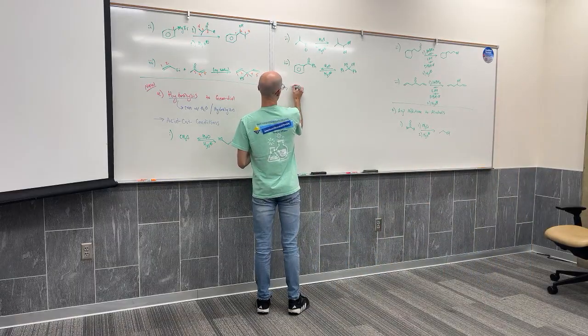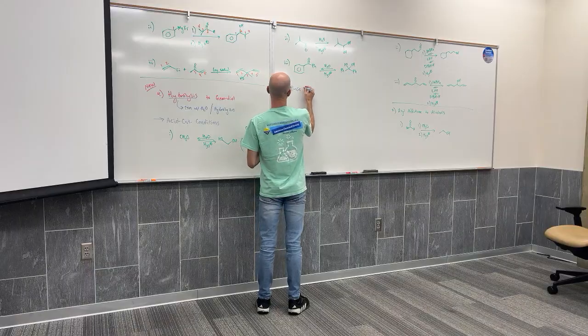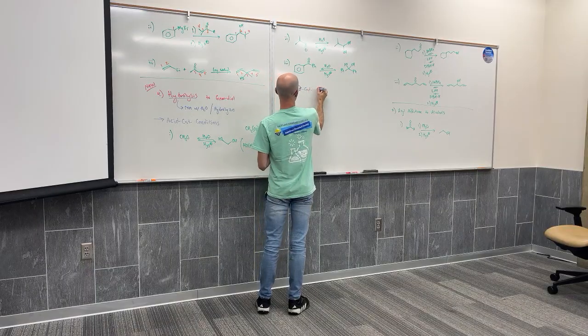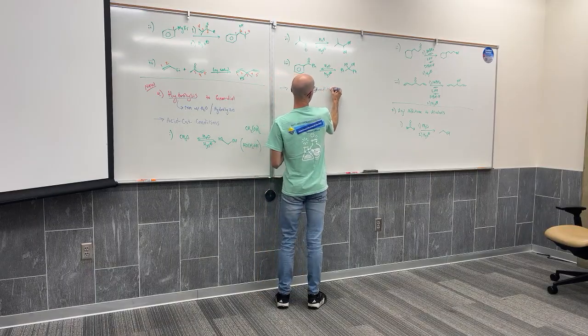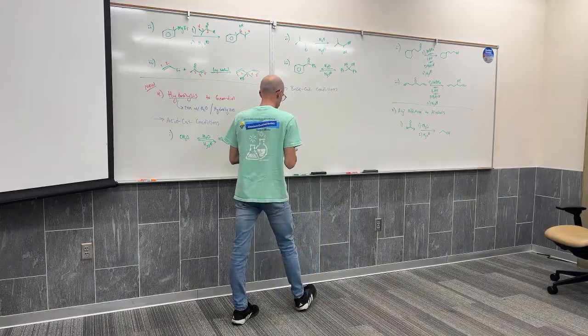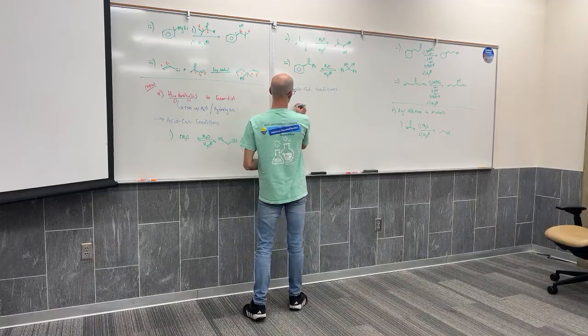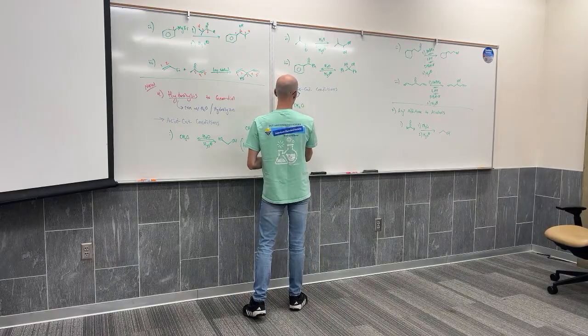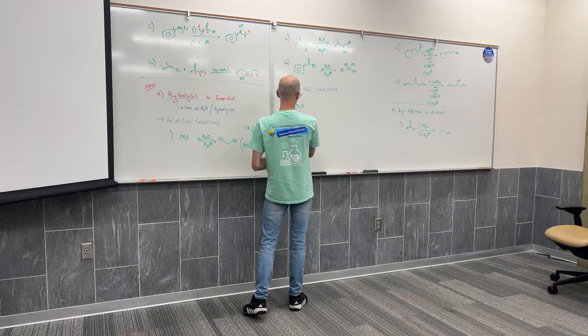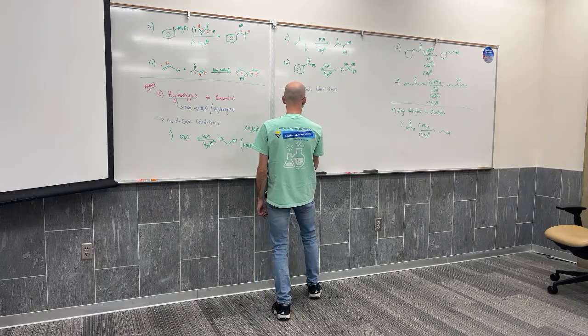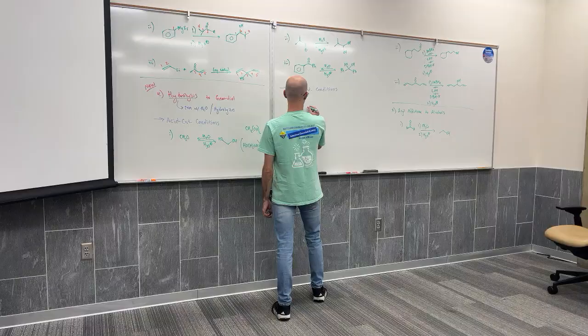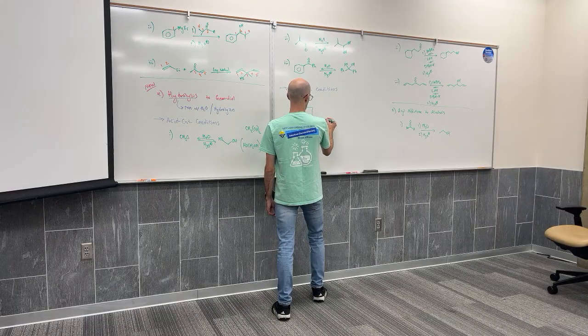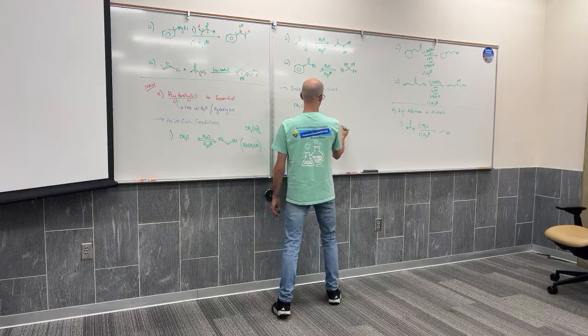The other way that we can get here is by base catalyzed conditions. What I'm going to do to sum this up a little bit nicer is just give us some examples and show how they all utilize the same conditions. They all utilize the same reagents: H2O2 with NaOH.